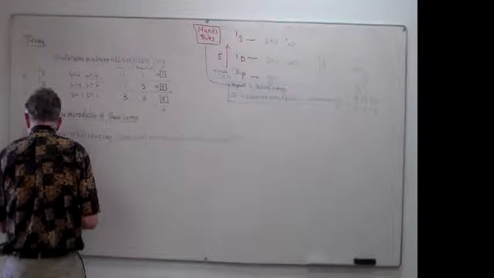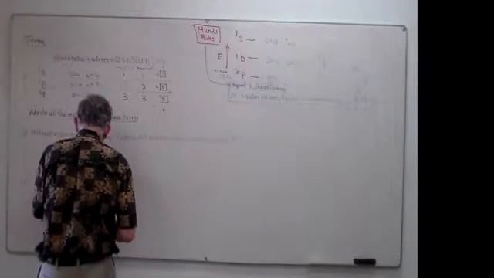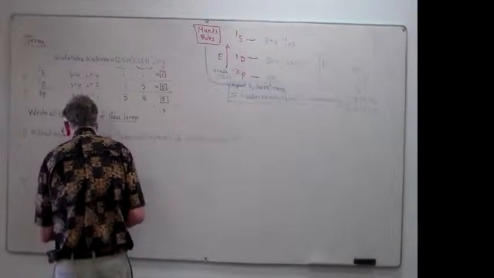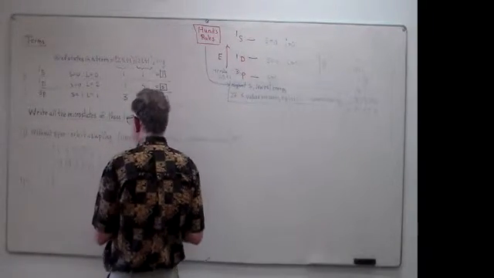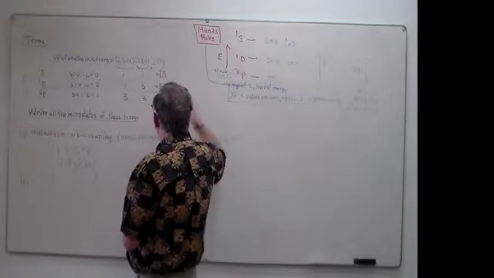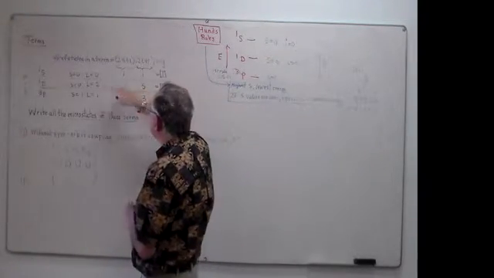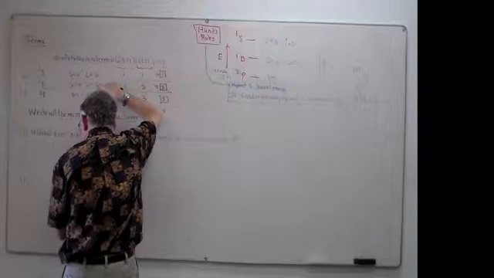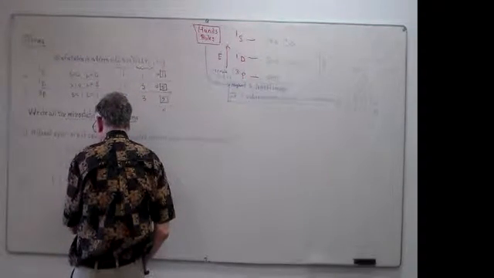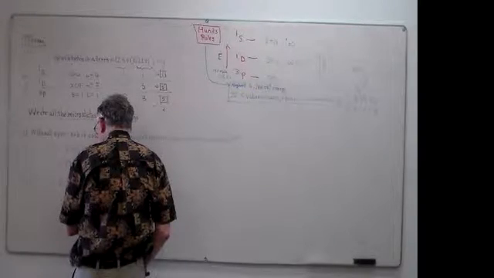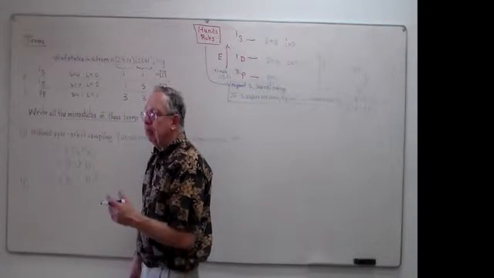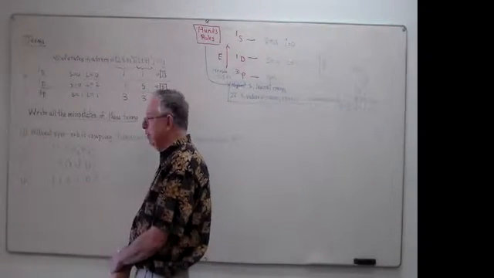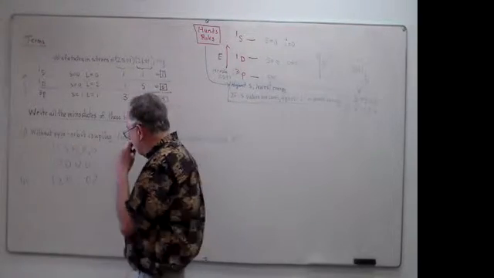Now, with singlet D, it's a little bit trickier. And I have this pattern here. So what do I do for singlet D? What's L for these D terms? 2. What's S? 0. What's M sub S? 0. Now, what values of M sub L are possible? If L equals 2, how many values of M sub L do we get? 5. Well, isn't that interesting?